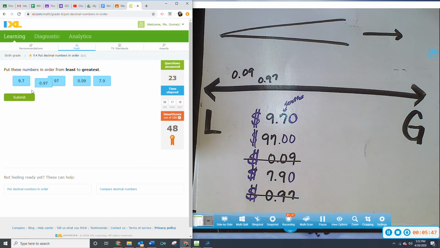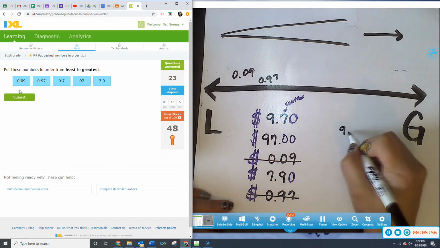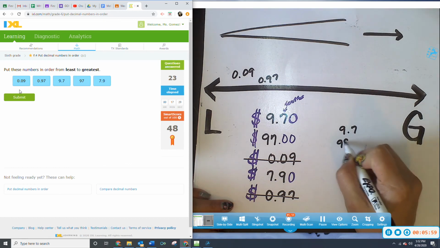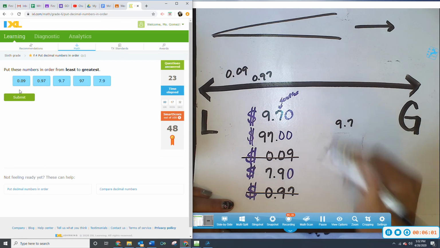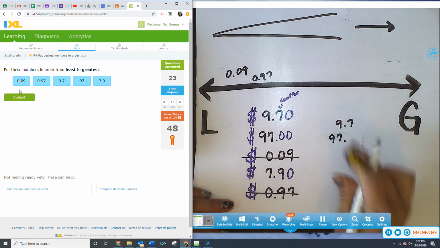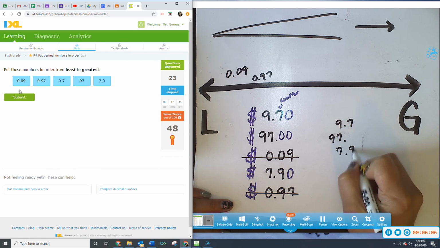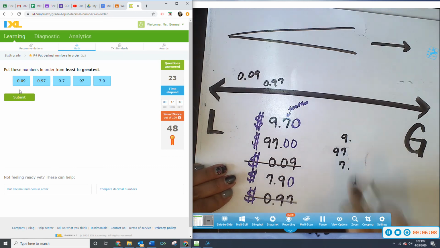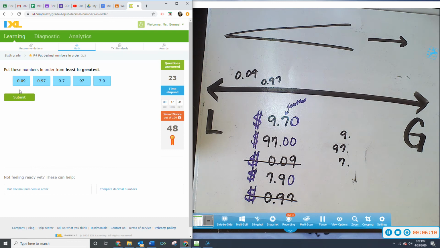And that's kind of obvious because of the fact that they have $0. Now, if I look at my last three numbers, 9.7, 90, 97, and 7.9, if I look at everything before the decimal place, it's really easy to get these in order because 7 comes before 9, which comes before 97. There you go.